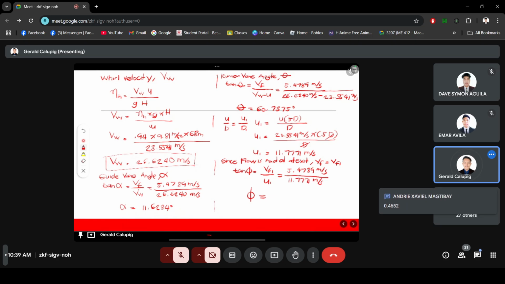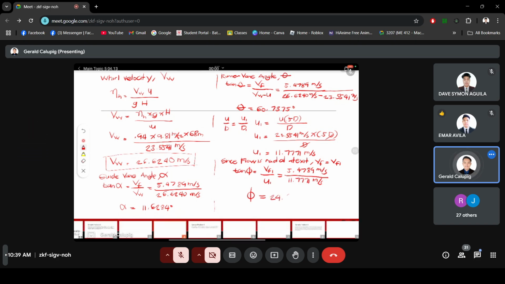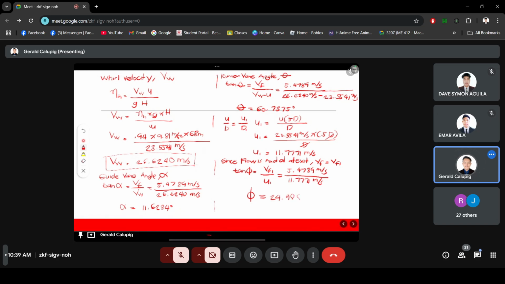We can have 24.9486, right? So our angle phi is equal to 24.9880 or 94.86.